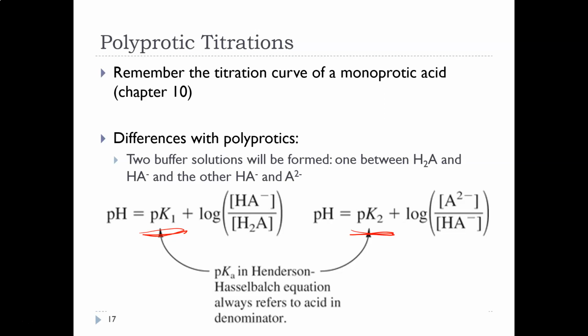So you don't really need to memorize this, but depending on the version of the polyprotic acid chemical that you've made your buffer out of, you might be using pKa1 or pKa2. Again, I promised to give you the version that's appropriate in the situation. So that's as far as we're going in chapter 11. The stuff in the chapter that we're not doing is calculating those fractions of the species, how much of each type of chemical is present at a certain pH. We're just choosing which one there is the most of.